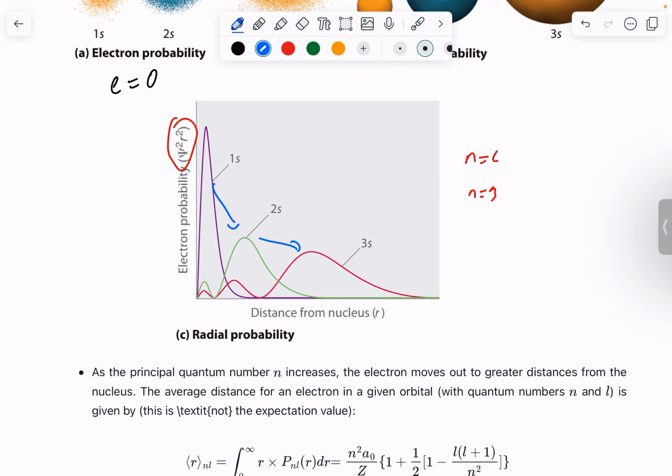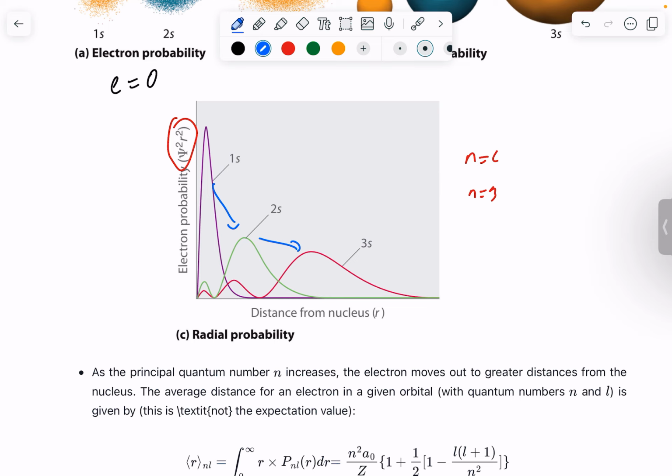That's one feature to notice, and that makes sense, because you're exciting the electron, and eventually you're going to kick it out when you supply enough energy. The atom is going to be ionized, so the electron is going to fly away. So we do expect the electron to be pushed further and further as we excite it to higher quantum levels.